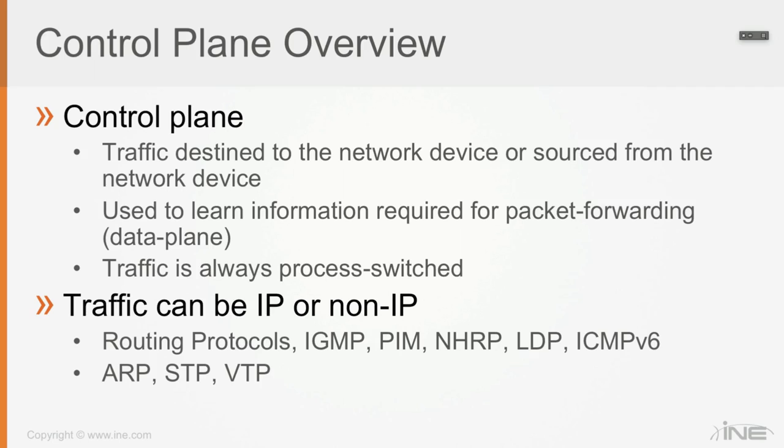ICMPv6 is part of the neighbor discovery suite of protocols in IPv6. For example, ARP for IPv6 makes use of some ICMPv6 packet types. So as you can see, all of those are protocols which allow the router, based on their functionality, to do packet forwarding, user packet forwarding.